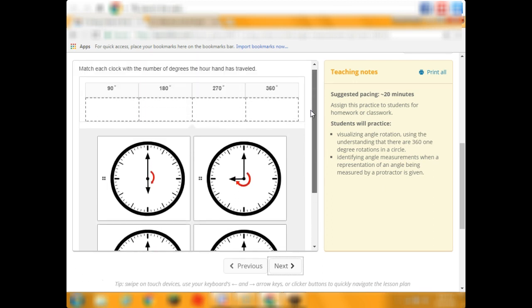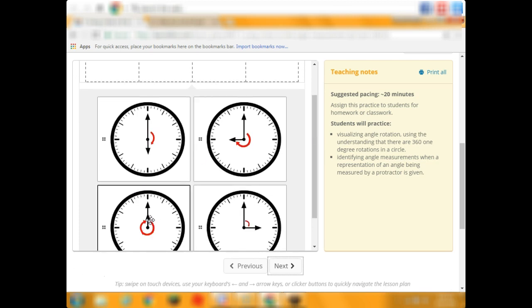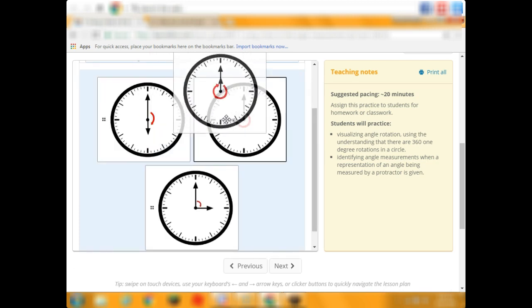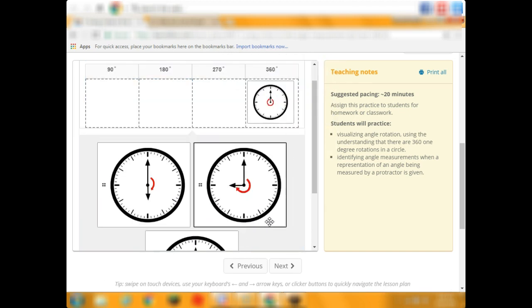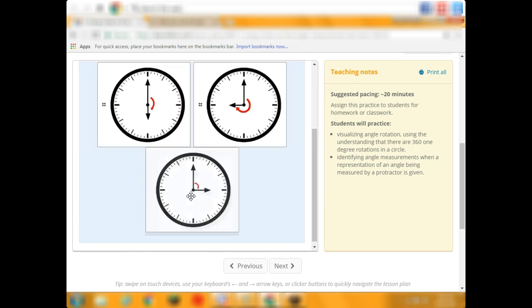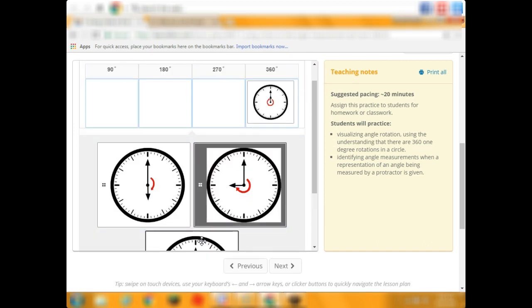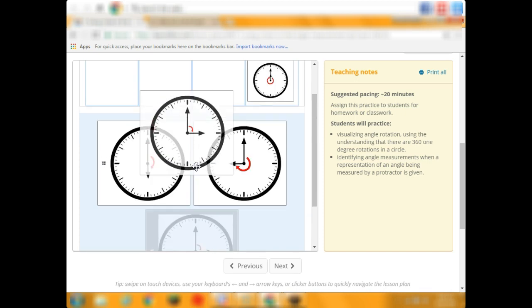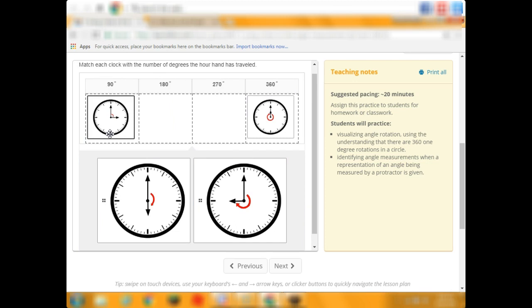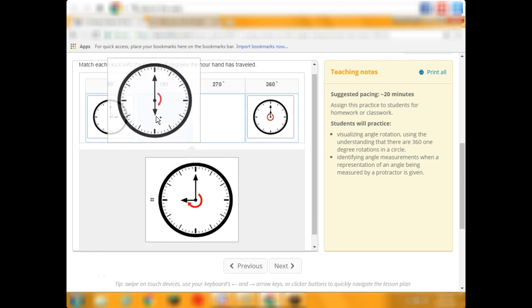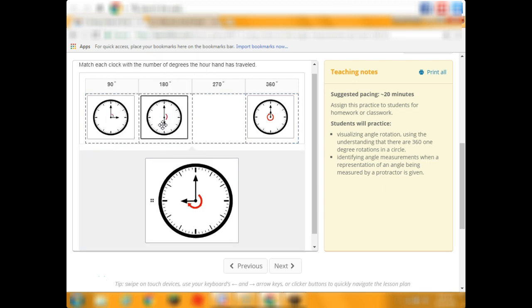So let's see. We know that this one is 360 because it's turning all the way around. And we know that this one is 90 because it's a right angle. Even though it doesn't have the symbol, we know it's a right angle because of the straightness. And as I just explained to you, a whole line is 180 degrees.